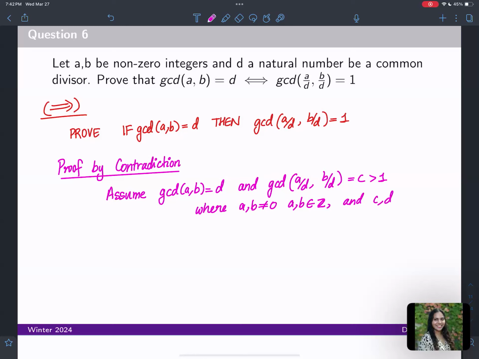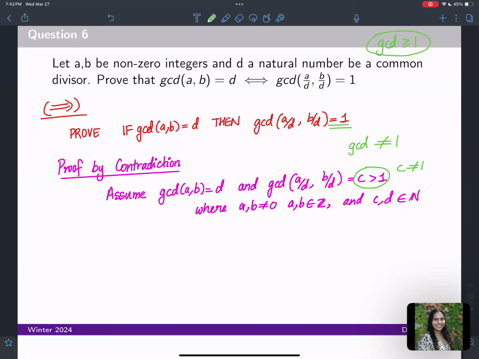Now, last tutorial, some people had a question about this. I just want to make a comment here. Technically, the opposite of that is that the GCD is not equal to 1. Okay, i.e. C is not equal to 1. That's technically the opposite. But remember, we said GCD is by definition greater than or equal to 1. It can never be less than 1.